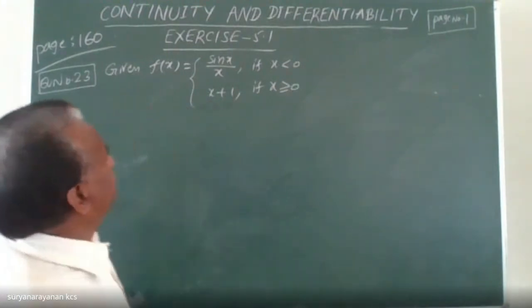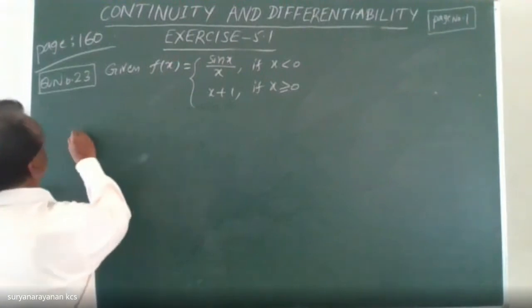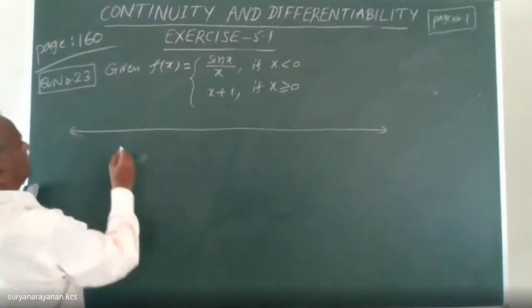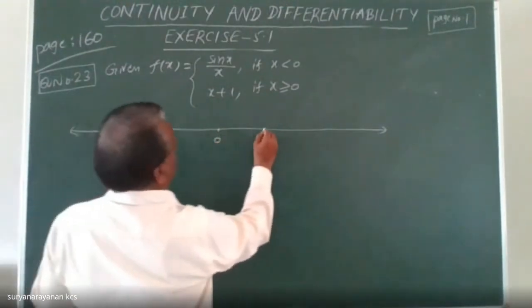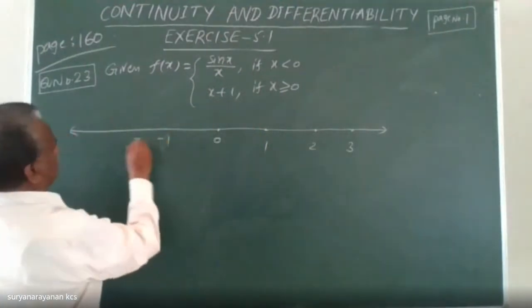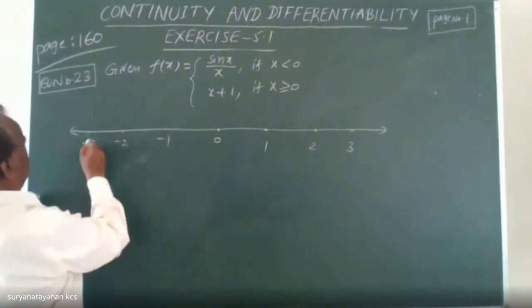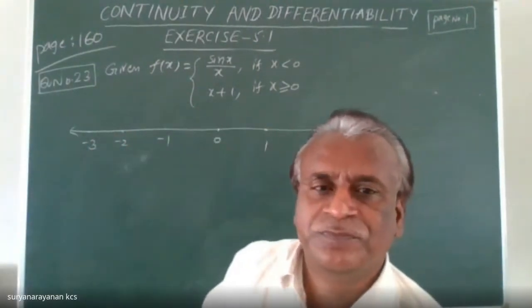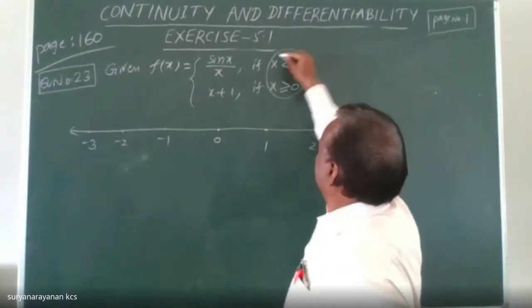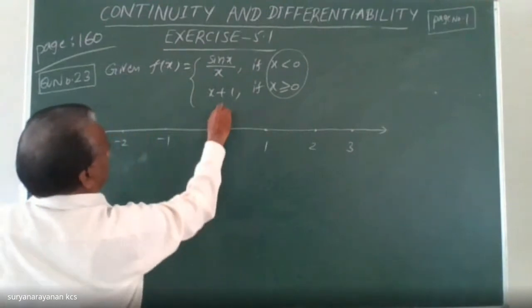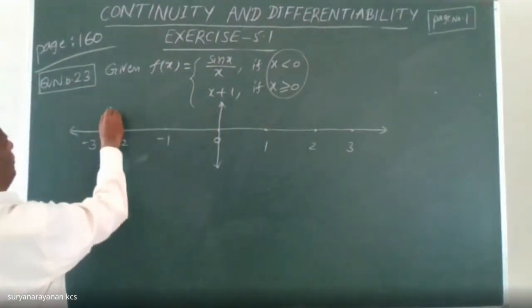At which point is the function defined differently? 0, sir. At point 0 here. Then what is f of x here?